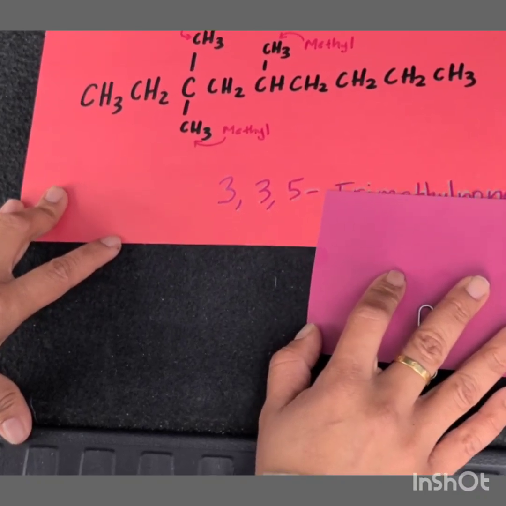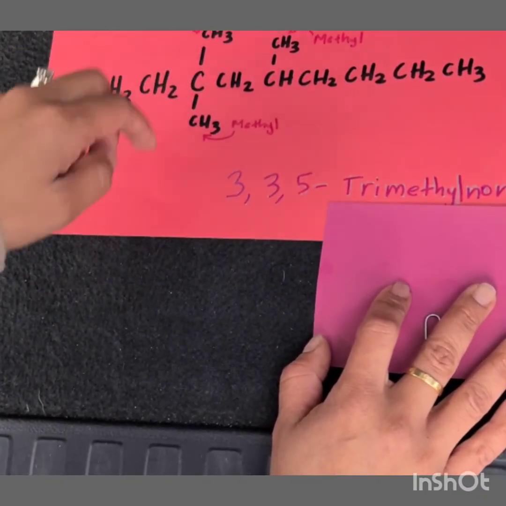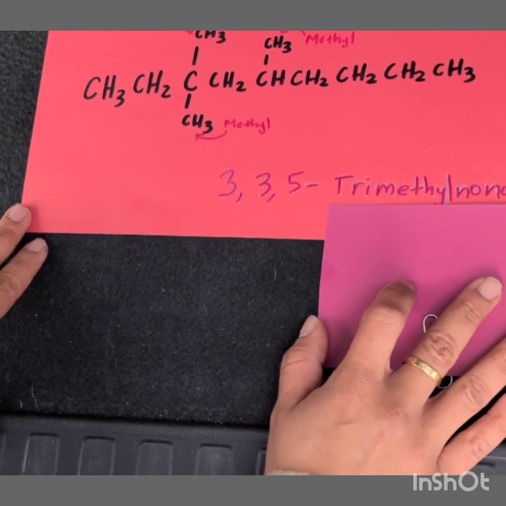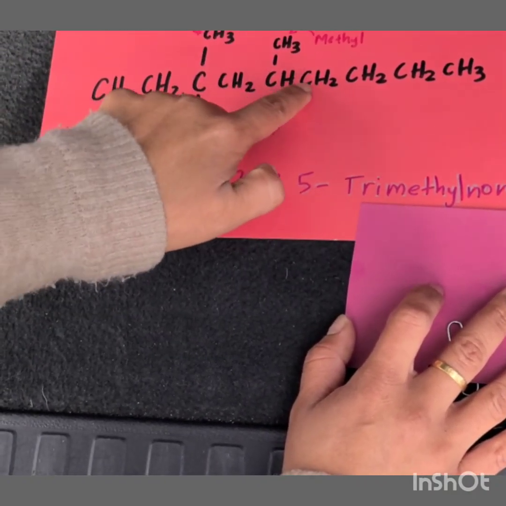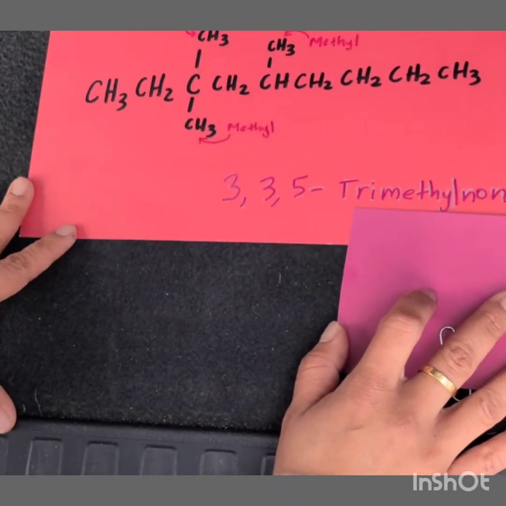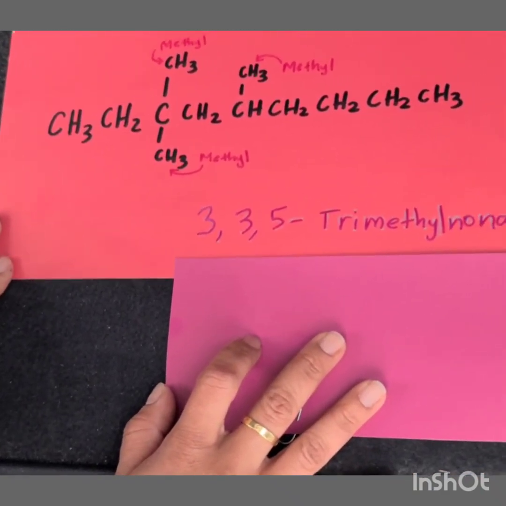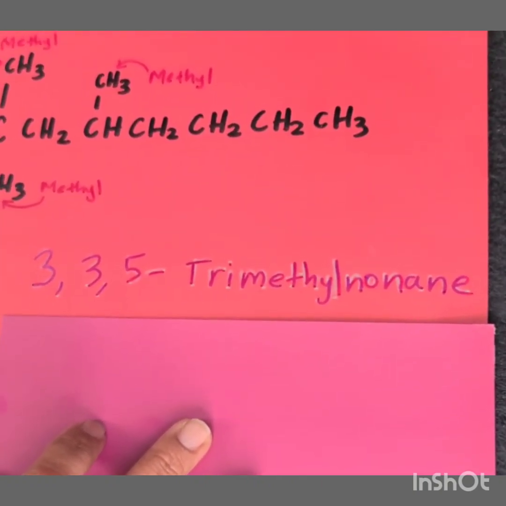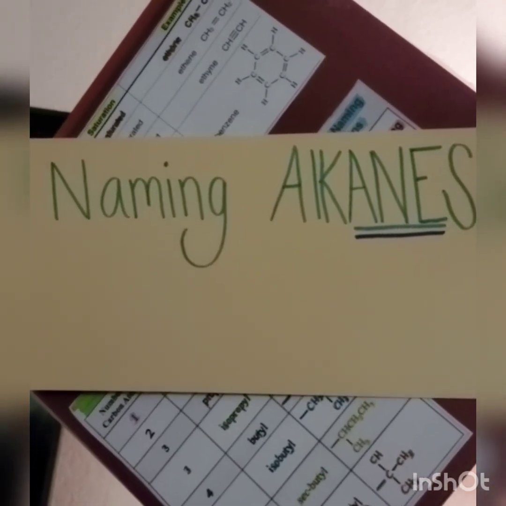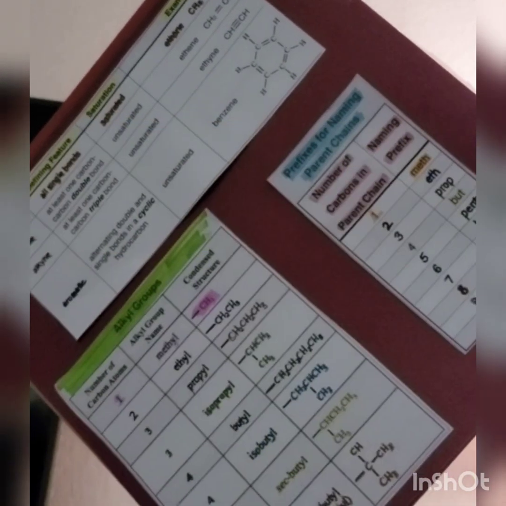Then we do a dash, and because there are three, we're going to say it's a trimethyl nonane because there are 9 carbons. So this is the name of our alkane, 3,3,5-trimethylnonane. So this concludes our video on naming alkanes.